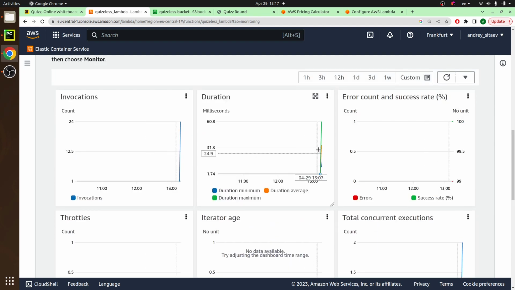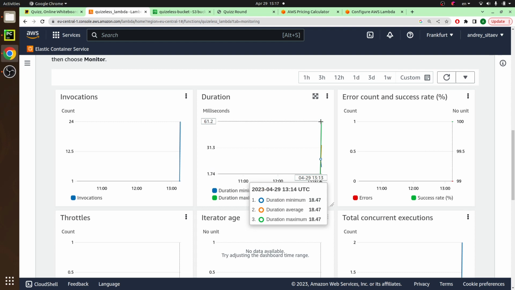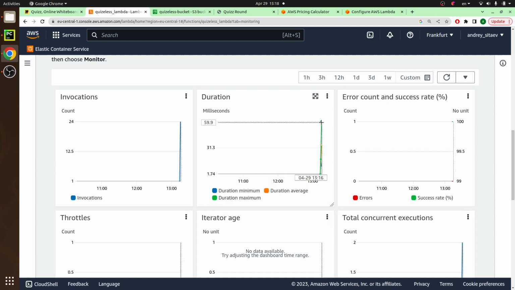Yep. And let's see the duration. Oh, I actually overestimated the duration because it was only 17, 18 plus something milliseconds on average. No, sorry, 34 milliseconds per one invocation.